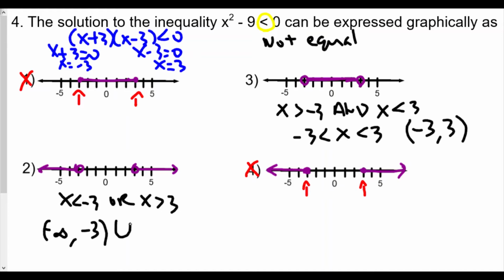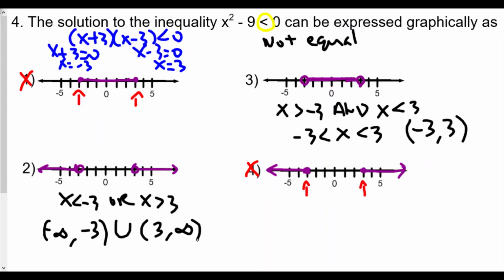This is a disjunction. And so here, 3 comma positive infinity, meaning our lowest value will be 3 but not including 3, and the highest value in the interval will be up to positive infinity.